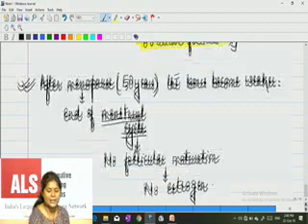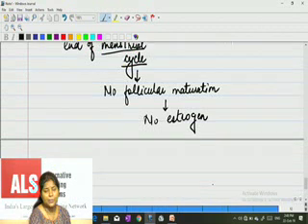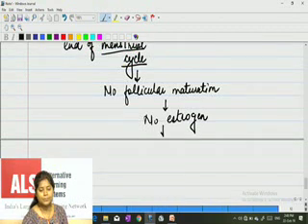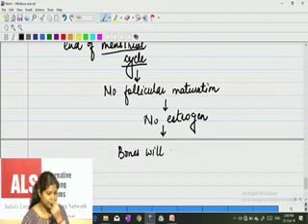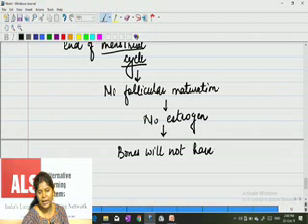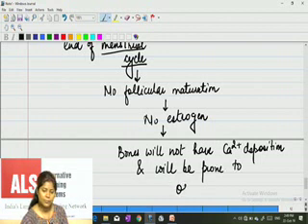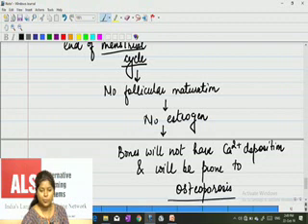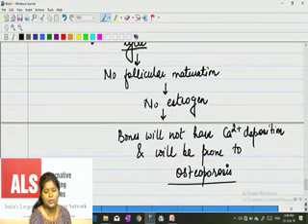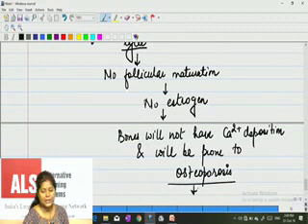Since estrogen was responsible for depositing calcium in the bones, bones will not have calcium deposition and will be prone to osteoporosis, a condition where the bones become fragile, easy to break.